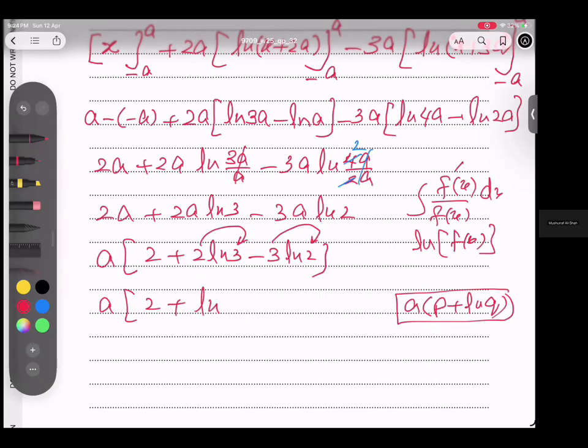So 3 to power 2 is 9 and 2 to power 3 is 8. Final step, I'm writing 2 plus, due to the negative sign, these two values will divide, so 9 by 8. I hope the point is very clear. The p value is 2, and the q value is 9 over 8.